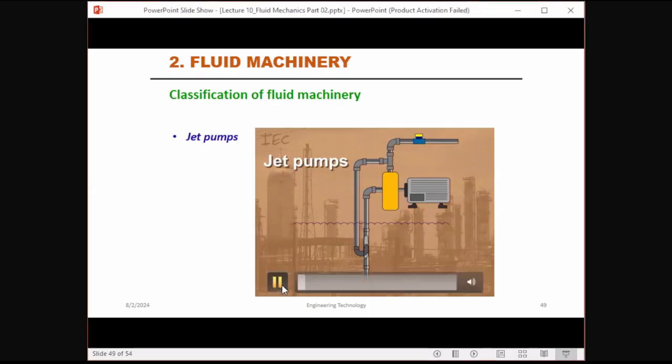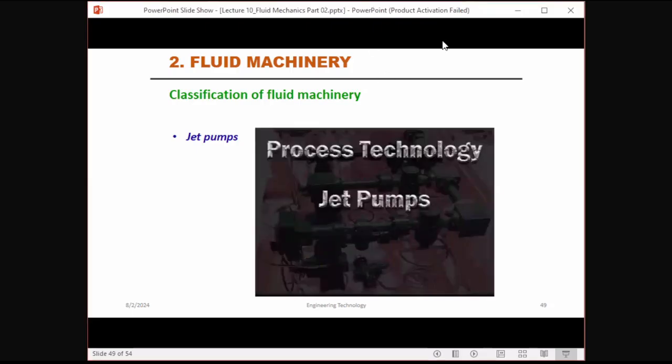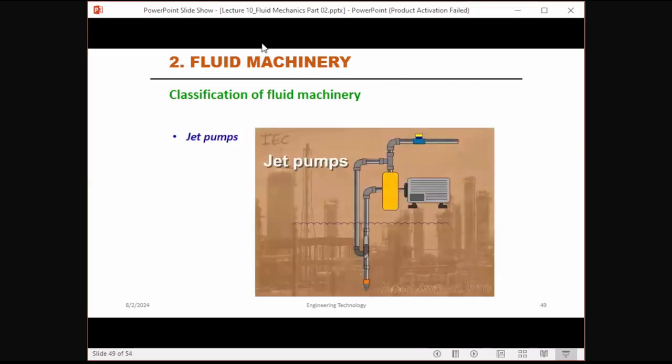A jet pump is used to lift liquid from a well.